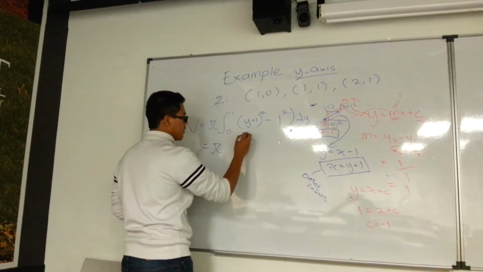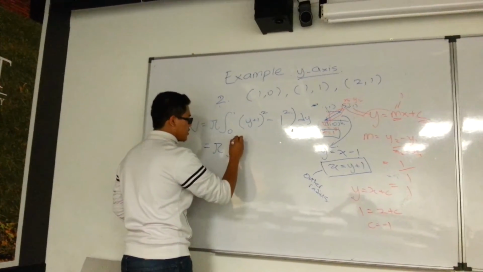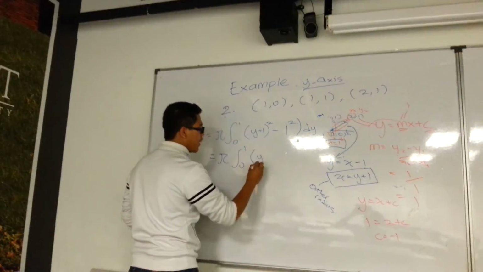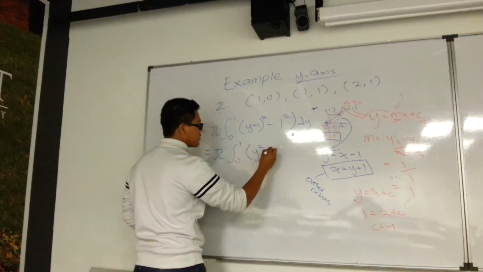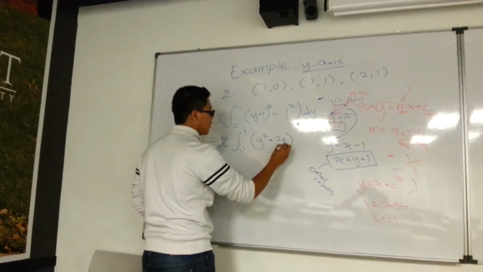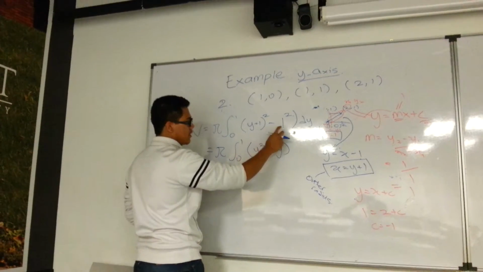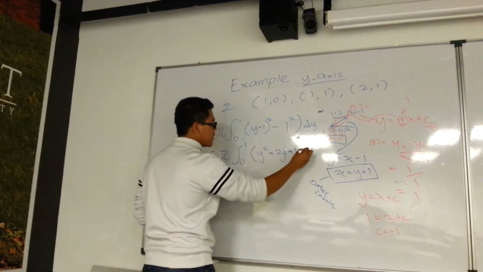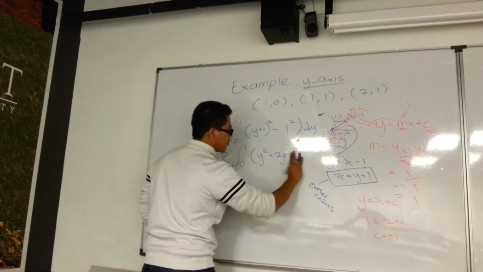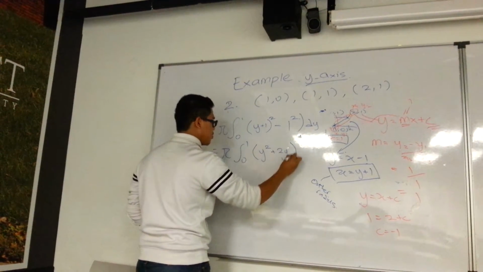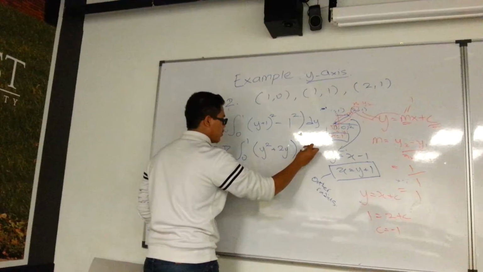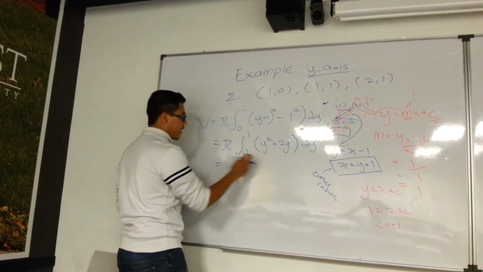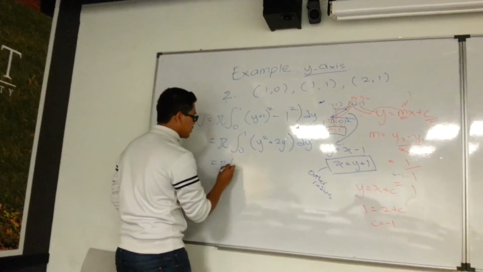Let's simplify the inside here. Pi, integration of 0 to 1, y squared plus 2y plus 1 minus 1, which is 0. So only this thing that we need, dy. Integrate that, you will get pi.